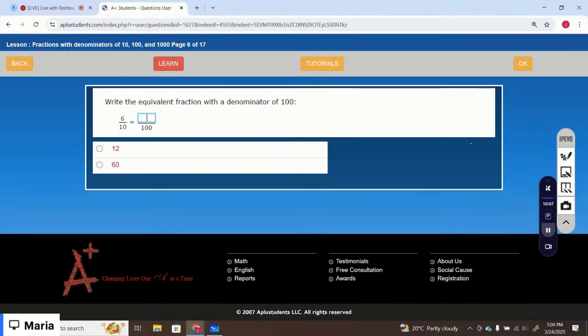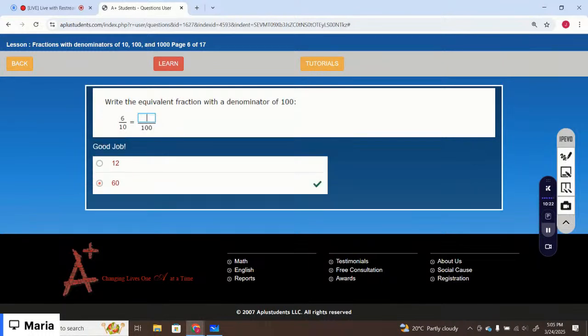Write the equivalent fraction with the denominator of 100. That is 60 over 100. Option number 2 is the correct option.